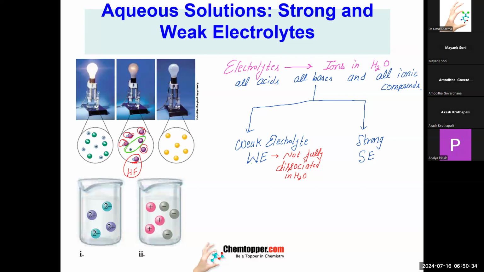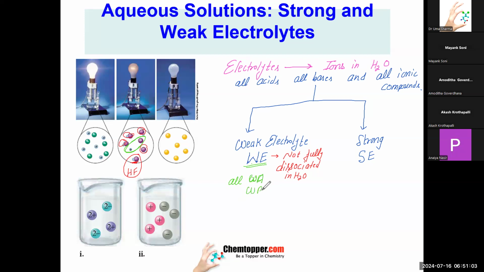Okay. So now please understand, all weak acids are weak electrolytes. They are not fully dissociated. For the weak acid, I'm writing WA.